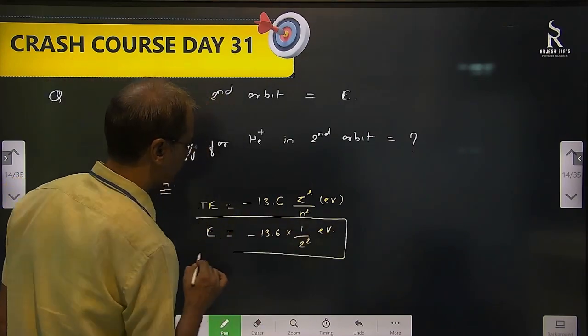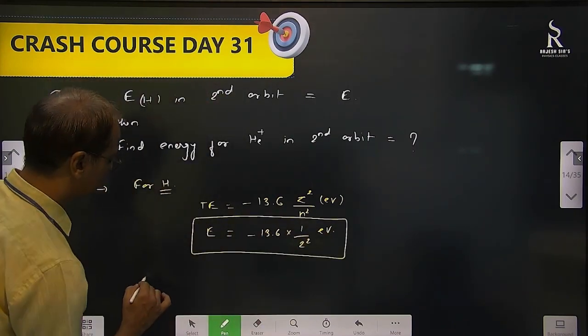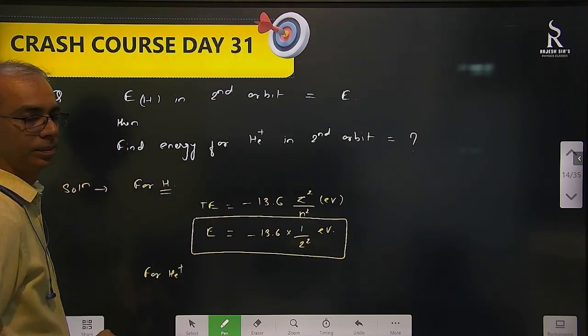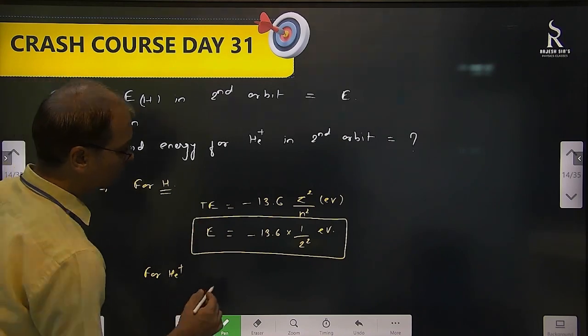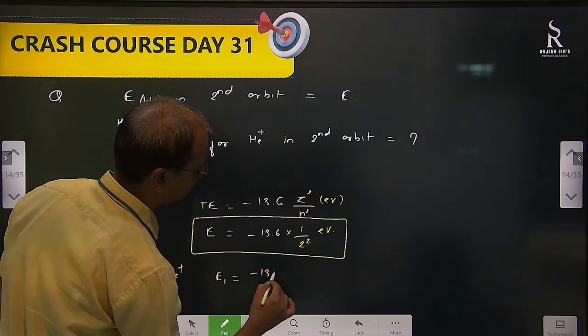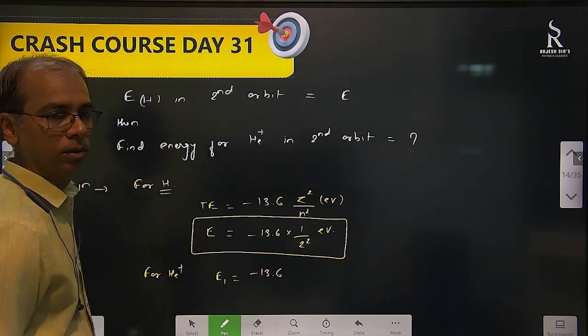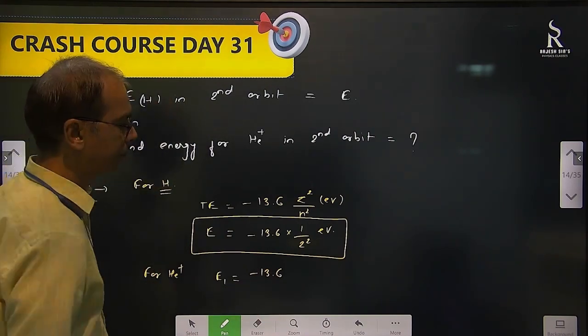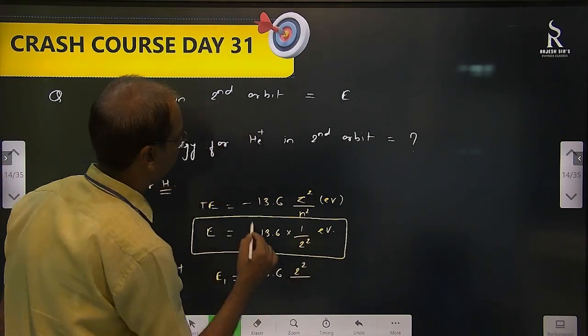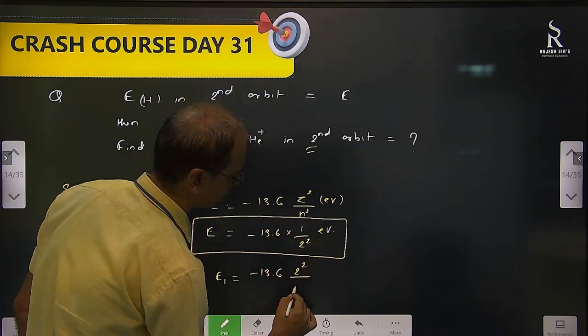Then for helium, a singly ionized atom, the total energy: what is Z for helium? 2, so this is 2 square, by n, which is the second orbit, so 2 square.